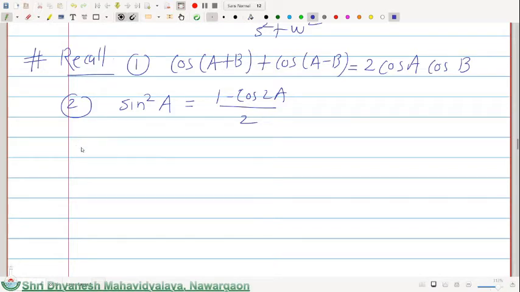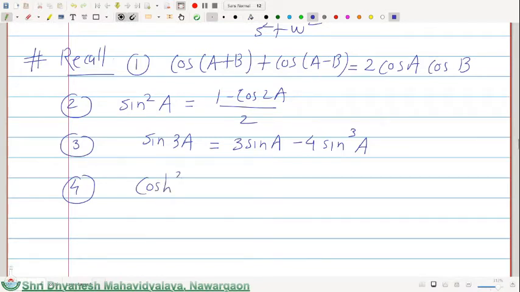This is the usual formula you have. Next, sin 3A equals 3 sin A minus 4 sin cube A. And number 4, cosh square A equals (1 plus cosh 2A) upon 2. Okay, so these formulas will be helpful in the coming examples.